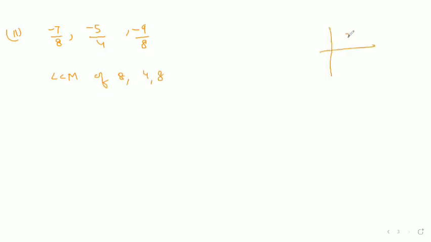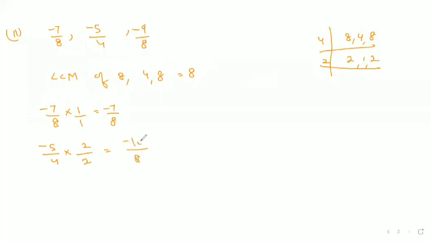The LCM of 8 and 4 is 8. Now equate: minus 7 by 8, and minus 5 by 4, multiplying by 2 for equating the denominator, gives minus 10 by 8, and minus 9 by 8.